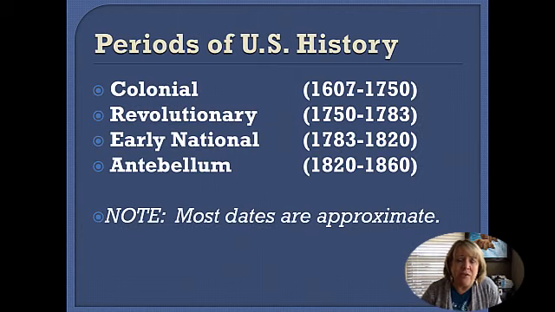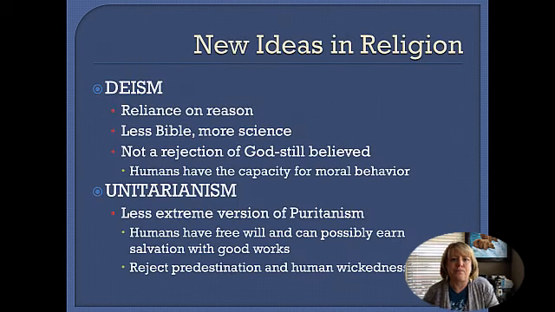So the antebellum period falls in this time period from 1820 to 1860. If you want an exact event that maybe started this off, I would take the Missouri Compromise of 1820. And then it ends with the election of Abraham Lincoln in 1860. So those are your two bookends for this time period.